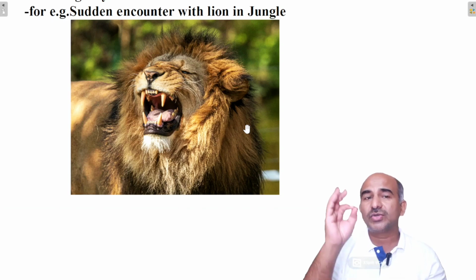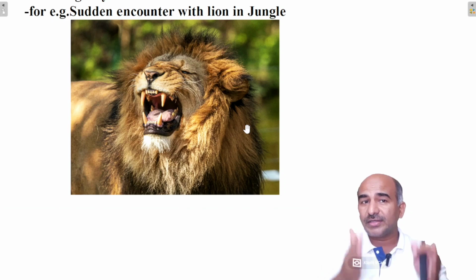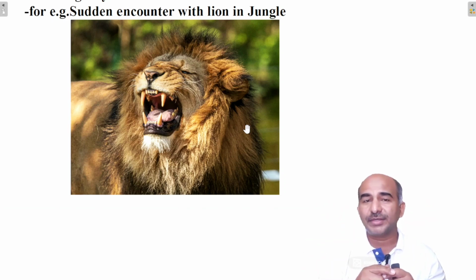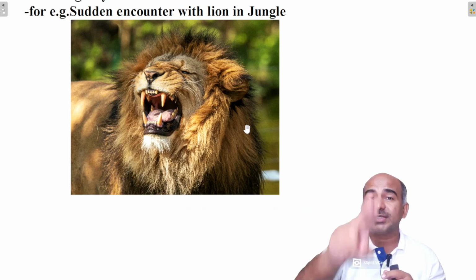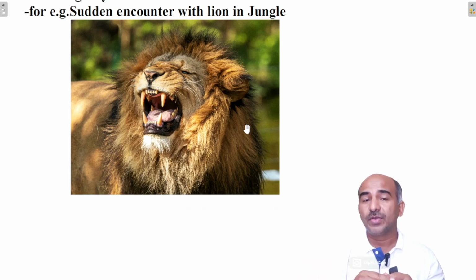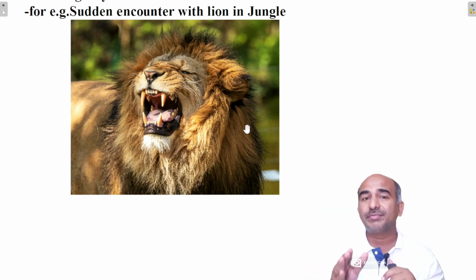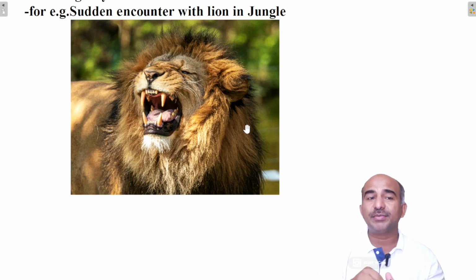Got the point? So if you want to understand all sympathetic and parasympathetic actions, what do you need to understand? You need to understand the principle of why this system functions like that. If you understand the principle, you will understand all actions of the sympathetic and parasympathetic. I will tell you the principle. What is the principle?